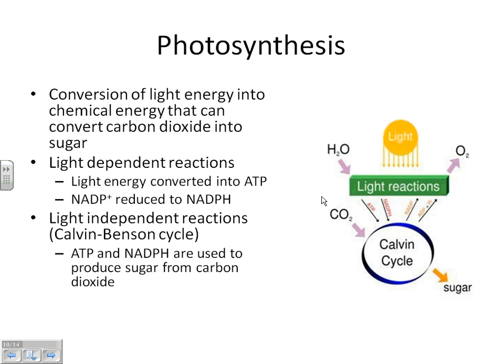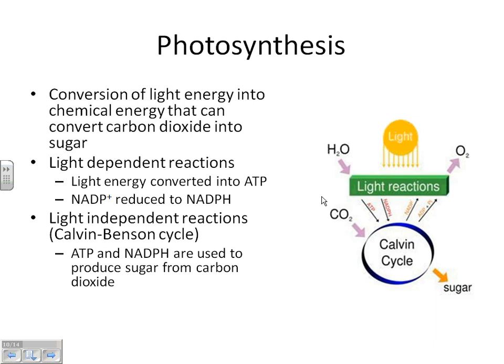2 different steps of photosynthesis. We have the light-dependent reaction and the Calvin-Benson cycle. Light-dependent tells us we need what? Light. Got to have light. The Calvin-Benson cycle is light independent. Doesn't mean it happens in the dark.